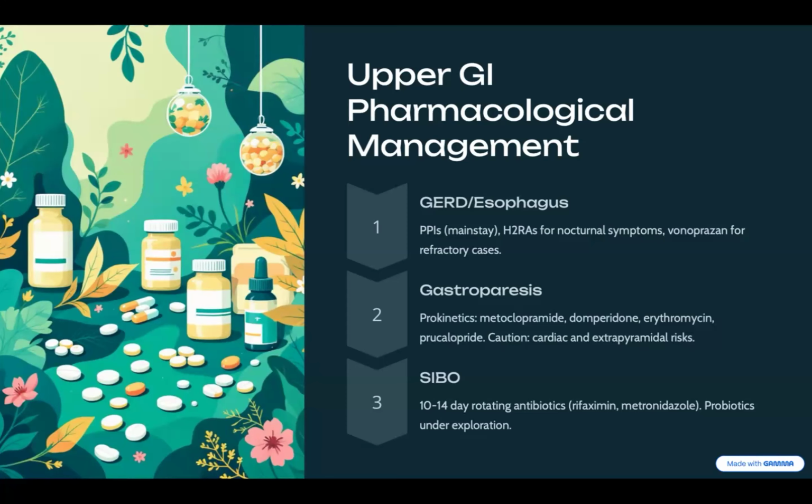It will not affect the acid secretion, but it gives very good symptomatic relief for patients, especially for the reflux symptoms they have. So that is something which you can consider in such patients.